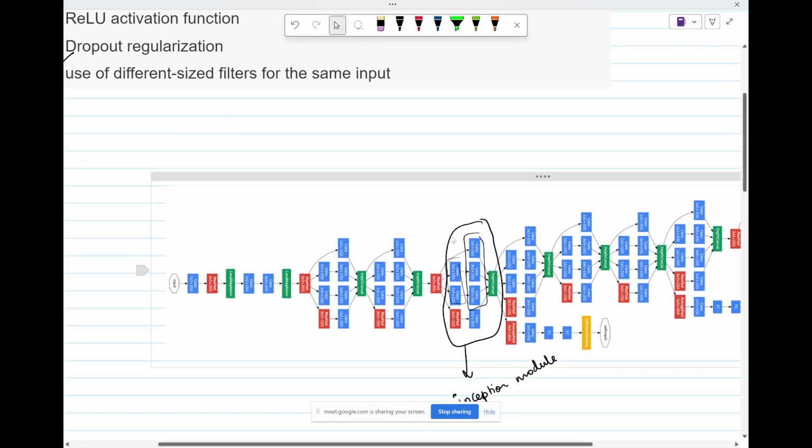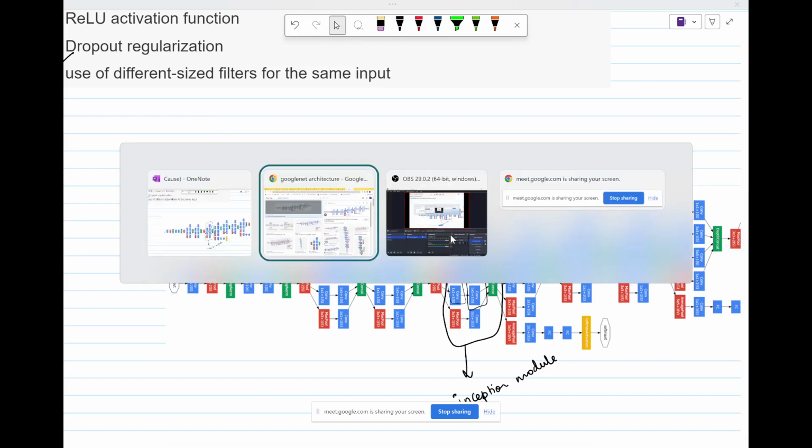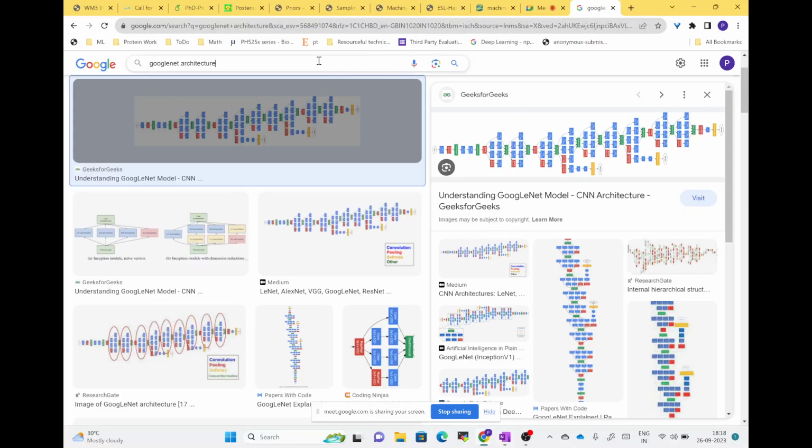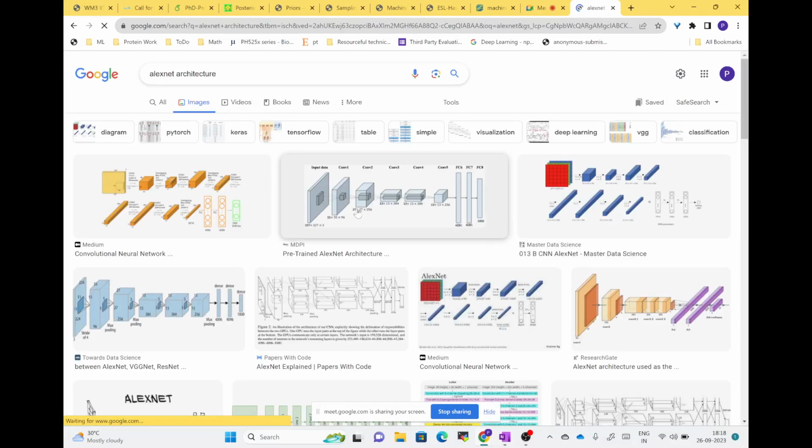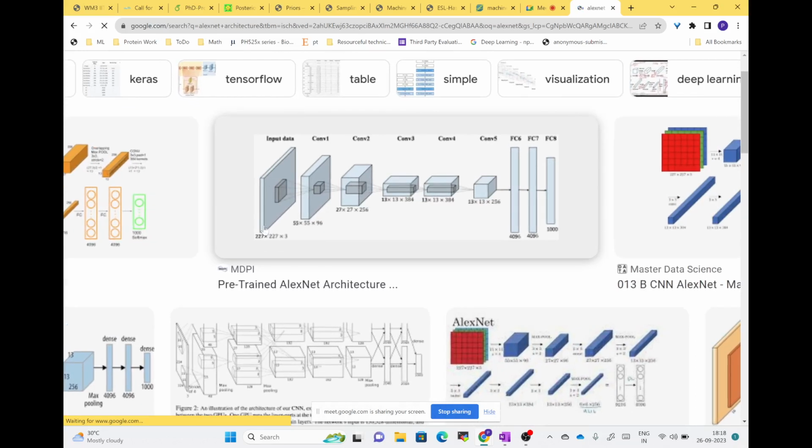If you look at other architectures like AlexNet, here you convolve this image with one filter, you get this image. Then you convolve it with some filter and you get this, and you keep using different filters to add different stages.